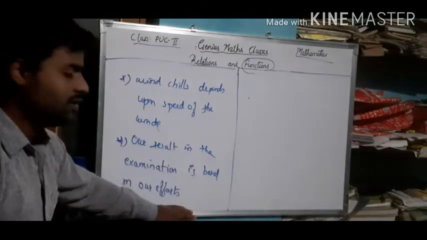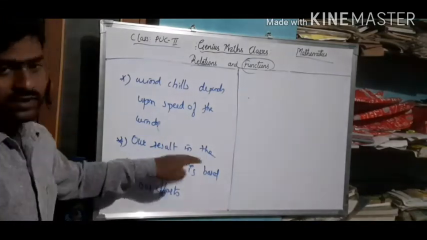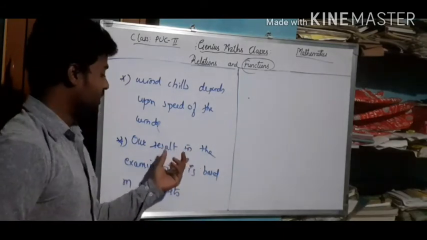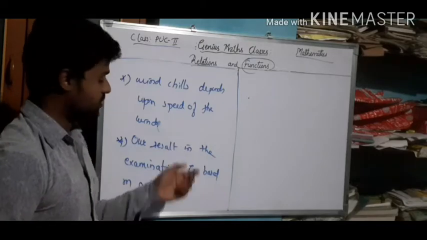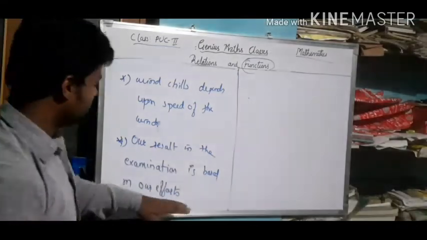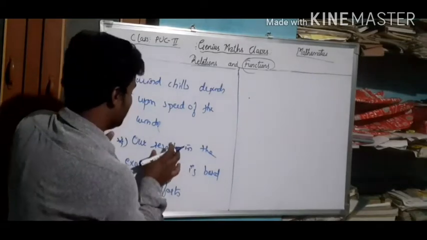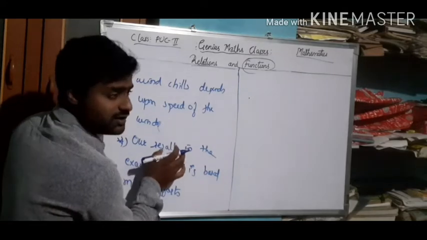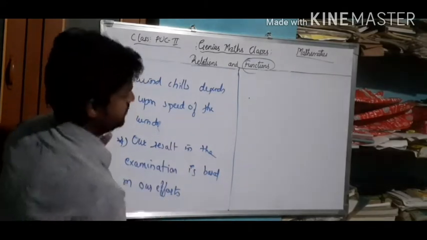If you put in better effort, the result is better. If you work hard, you will get excellent marks. If you don't put in effort, you will fail. So it is dependent. This is also a function: our result is dependent on our efforts.